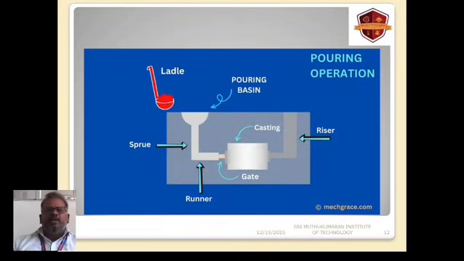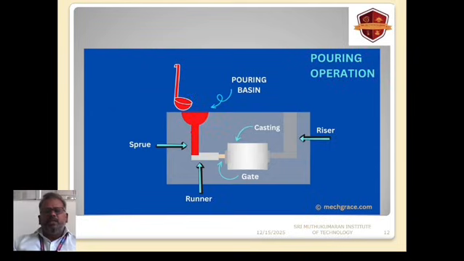Now I have an animation where you can see the ladle bring the molten metal and pour it into the basin. Now it is flowing along the sprue. The sprue is the path by which it reaches the cavity. It comes to the runner, then fills the casting part.